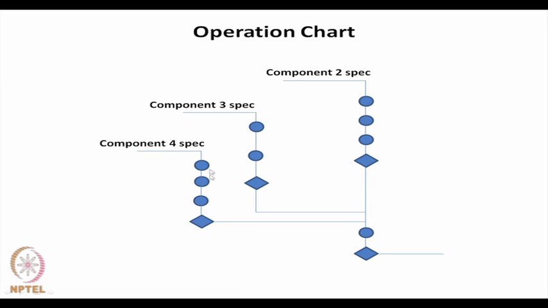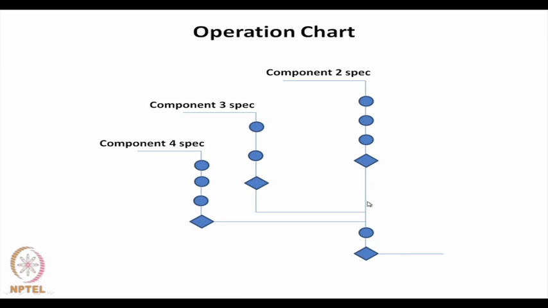Component 4 passes through 3 operations and a testing, and then all of them pass through another operation and then a testing before they form sub-assembly 1. So, you can see that it is further broken down into individual operations. This is how an operation level analysis is done.